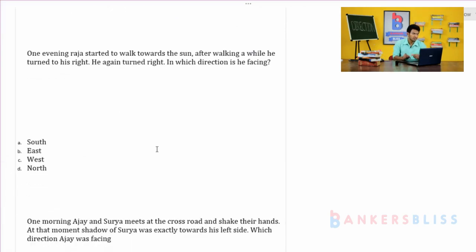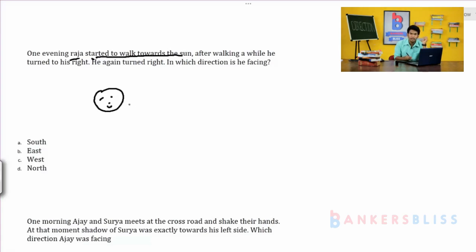One evening, what does it indicate? It is nothing but sunset. One evening means sunset. Okay. Then Raja started to walk towards the sun. Look here, Raja, that is a person, started to walk towards the sun.